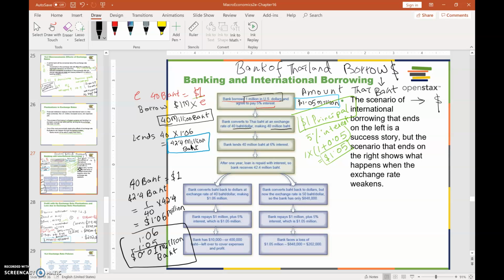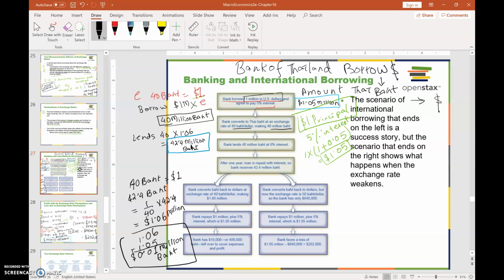The way they're doing is 1 million US dollars times exchange rate. They end up with 40 million baht. This is the amount they borrowed and they definitely have to pay back with interest.